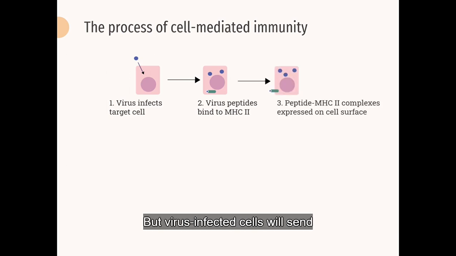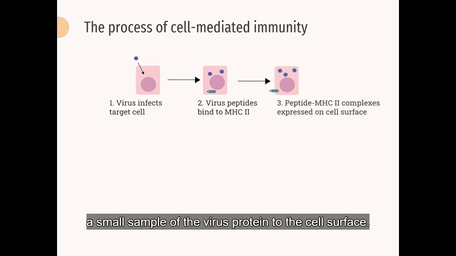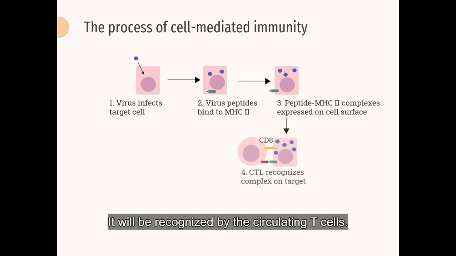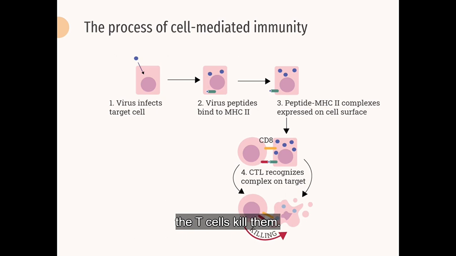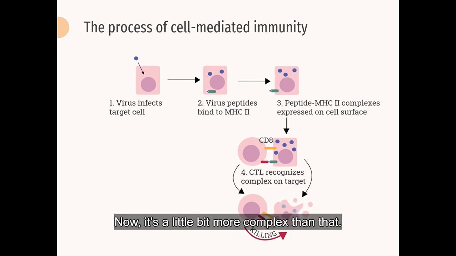But virus-infected cells will send a small sample of the virus protein to the cell surface. It will be recognized by the circulating T cells. The T cells, the cytotoxic lymphocytes, recognize this presented virus antigen to them, and as a result, the T cells kill them. Now, it's a little bit more complex than that.